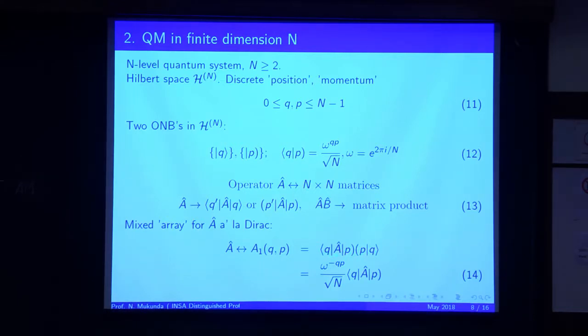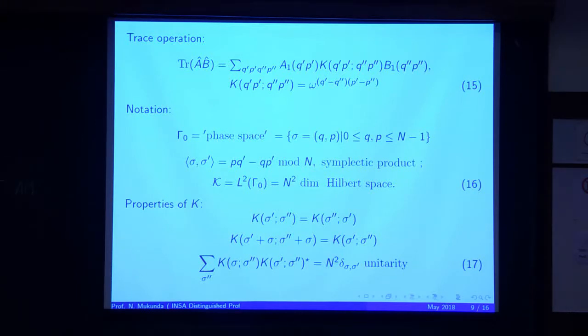A mixed matrix element of the operator times a plane wave factor. Here it is. So question is, can we work with this kind of description? Then you can carry out the trace operation. Instead of phase space integrals, you have summations over phase space, and the trace operation involves naturally the function A1, the function B1, and a kernel K standing in between. Now I introduce a little bit of a notation.